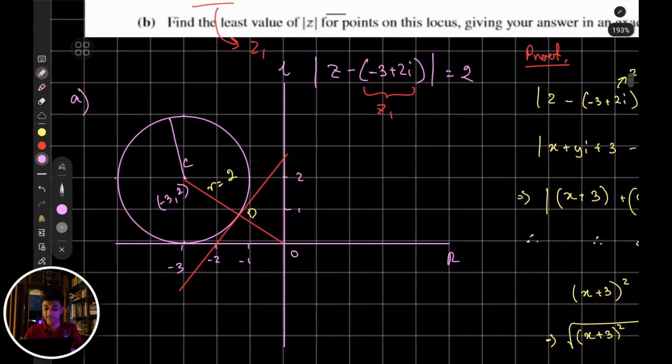Mod z is basically, z can be anywhere on this Argand diagram. You don't know that. But mod z is telling you, if let's say the complex number was over here, mod z is telling you what is the difference or the distance between this point and origin. That is modulus z.